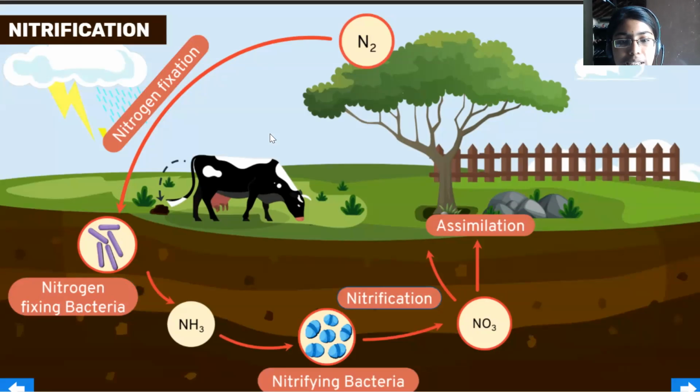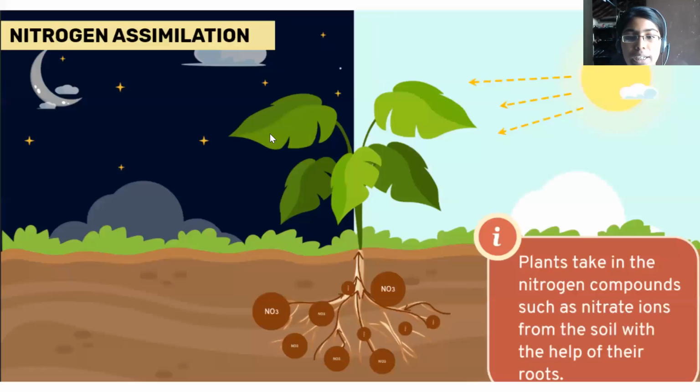After this, there is a process called nitrification. In that process, the NH3 will be converted into NO3 with the help of oxygen. This NO3 will be taken by the plants as nitrate ions, which are absorbed by their roots and help their growth.